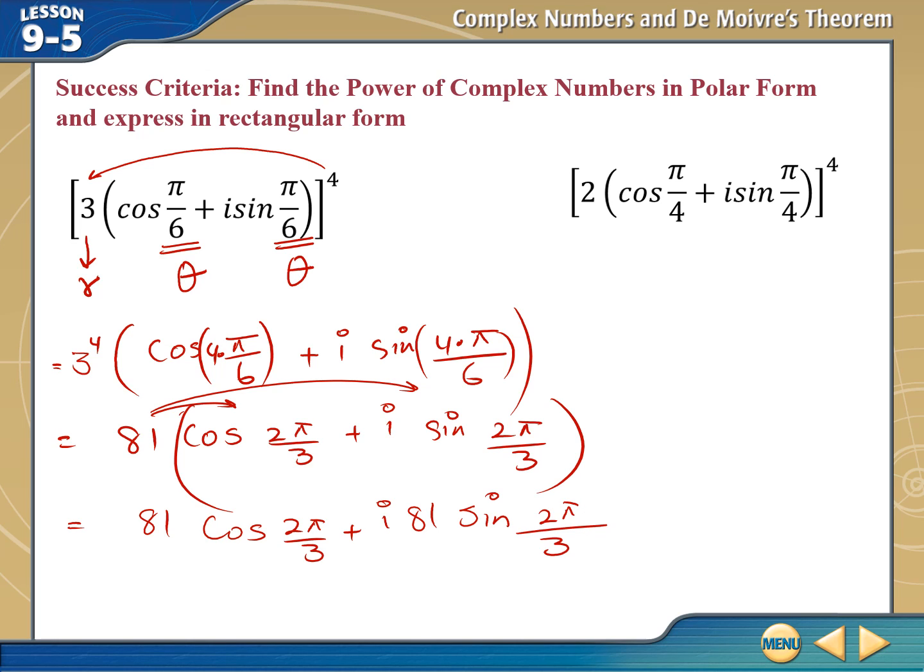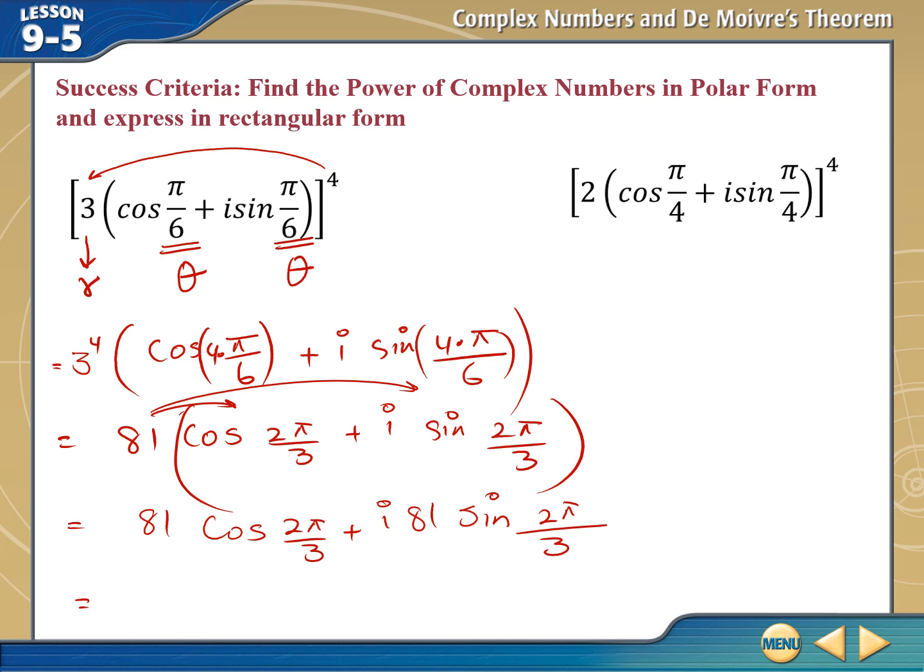Now write it down in the calculator to get our final answer. So we will write here 81 and find the answer, that is cos 2 pi by 3 plus iota sine 2 pi by 3, and that's it.